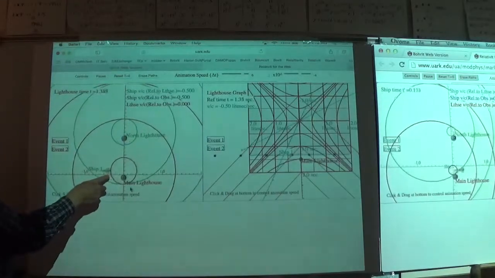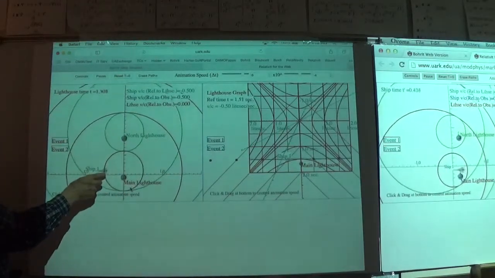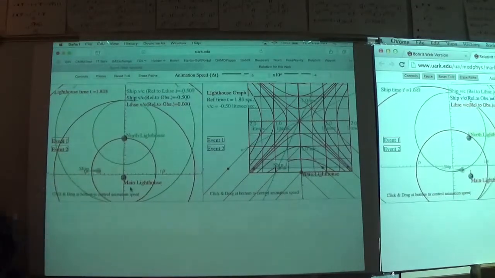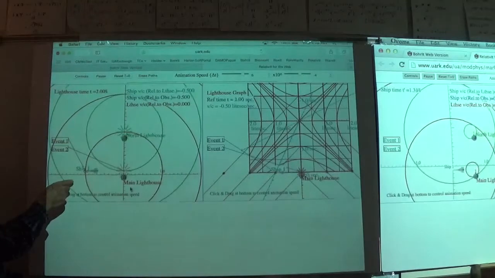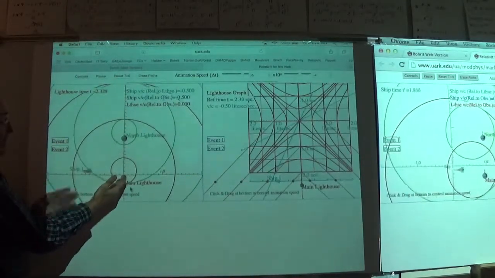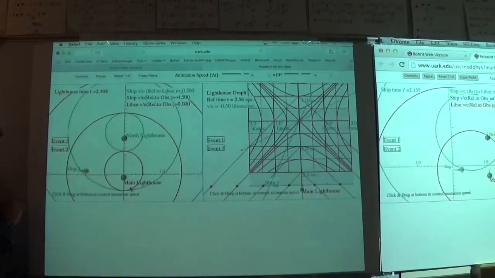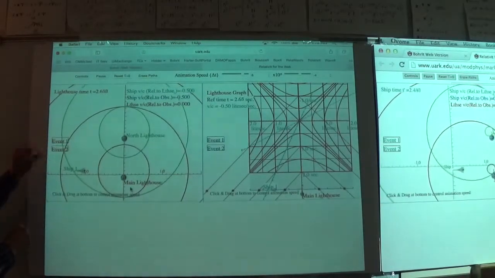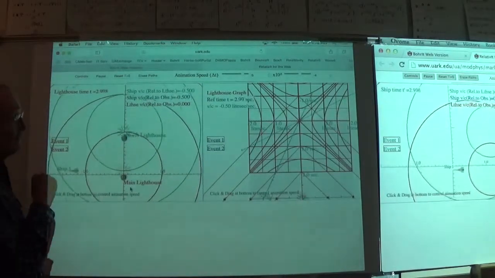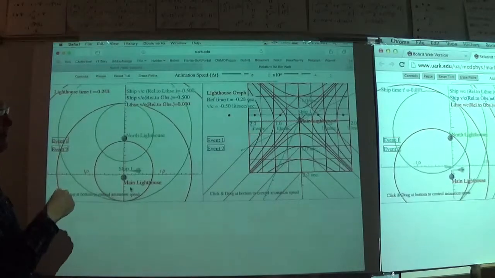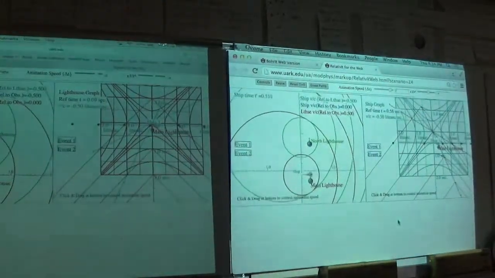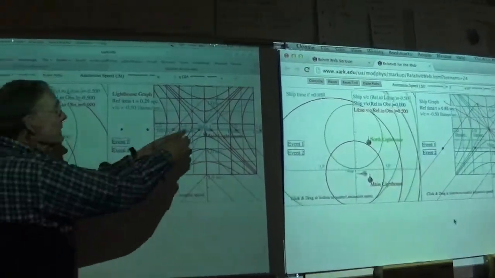Now, the event we're looking for is when this first blink hits the ship's nose, which is right there. And at that moment, it's 2 seconds, because it's half the speed of light, and it's time for another blink. So you can see these two events are simultaneous in the lighthouse frame. And you can see that they are also that way when we graph them. So there go the two blink waves.